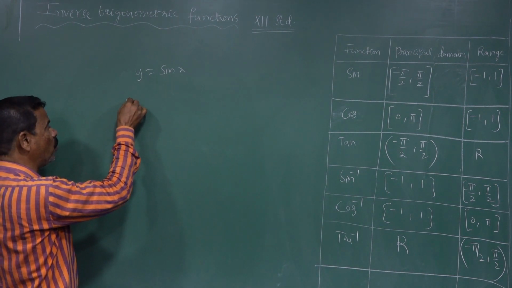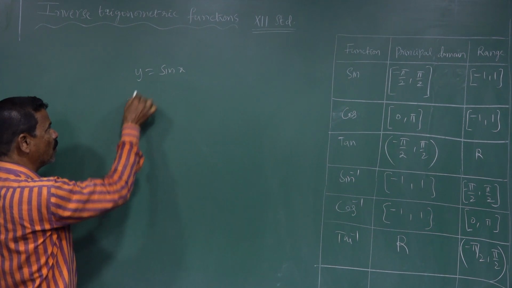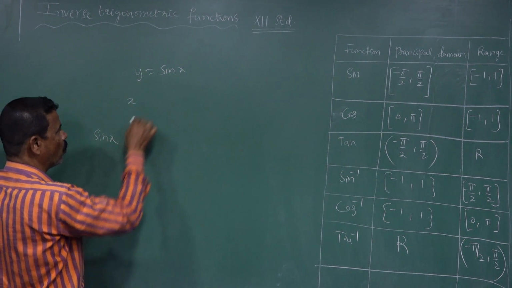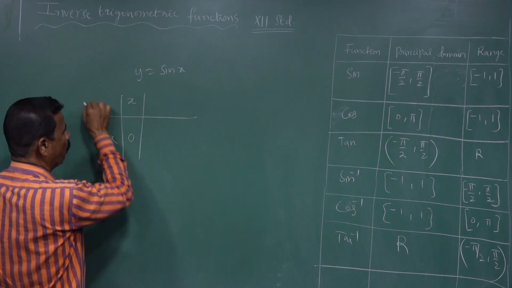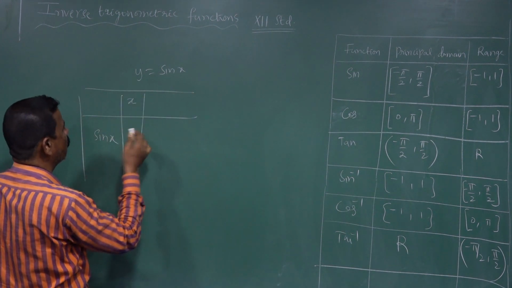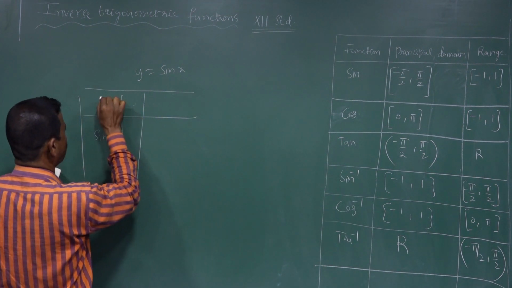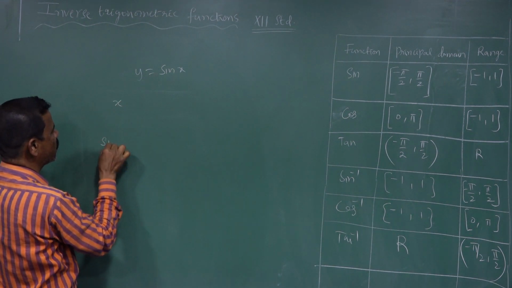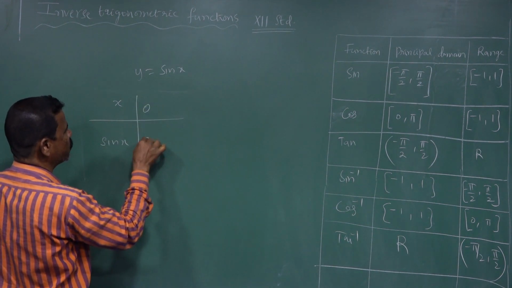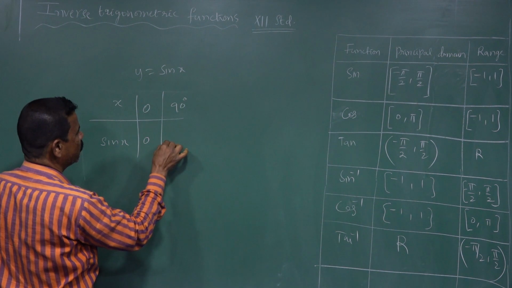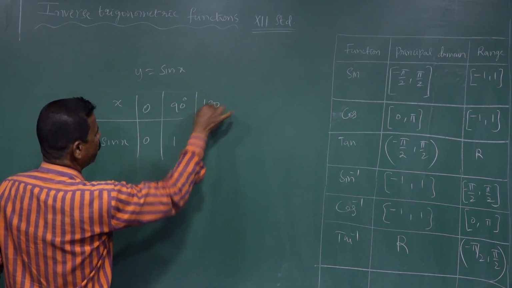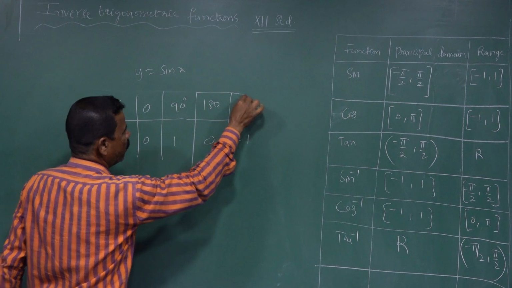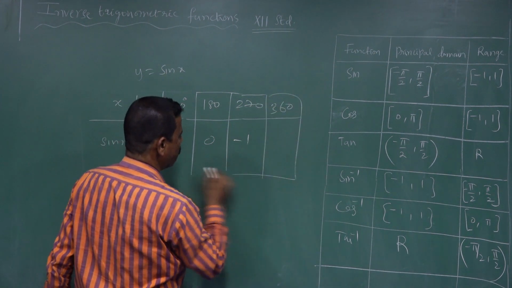According to values, x is equal to 0, sin x is 0. At x is equal to 90, sin 90 is 1. At 180, it is 0. At 270, it is minus 1. At 360, this value is 0.